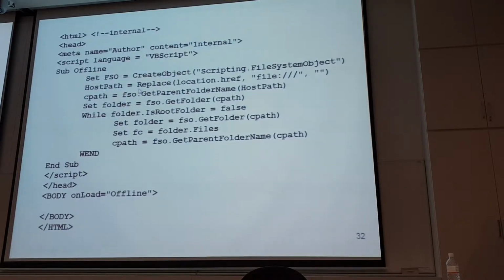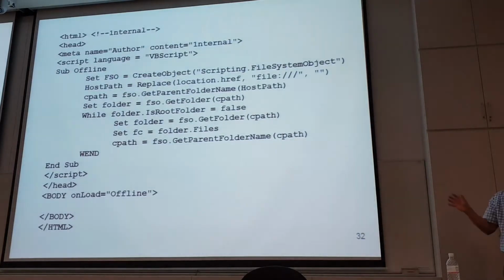Basically, it will first check when you run this HTML. If the HTML starts with this prefix, that means you are using an offline web page, right? In this case, it will try to find the parent path, get the path, and then use a while loop to traverse all the parent folders, and then it can infect all the files within those folders.